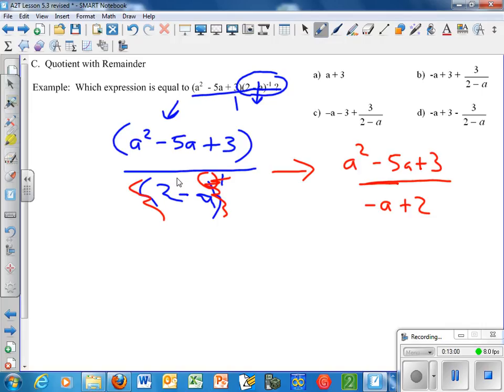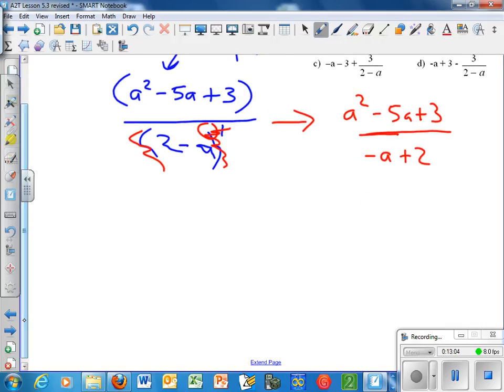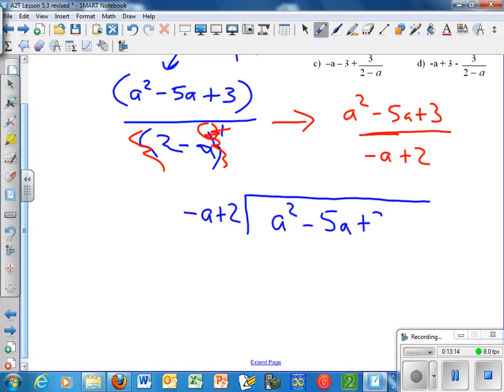So let's set up our long division. So we're going to do negative a plus 2. That's what we're dividing by. And into long division, a squared minus 5a plus 3. Okay, so I say, how many times does negative a, my first term here in the binomial, go into a squared?